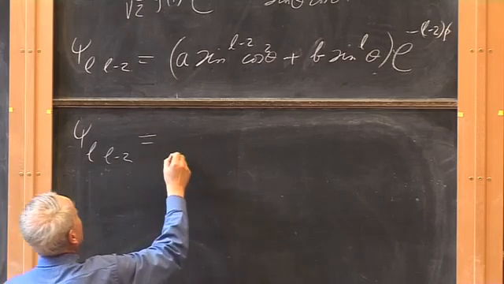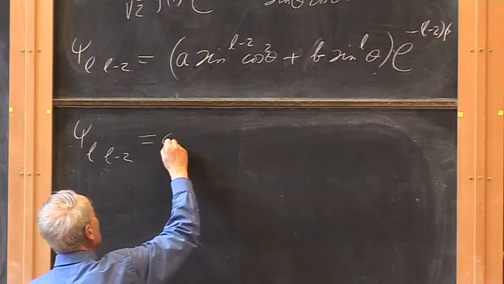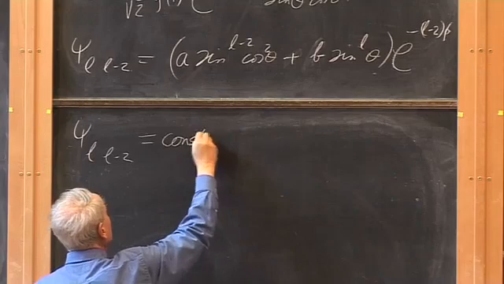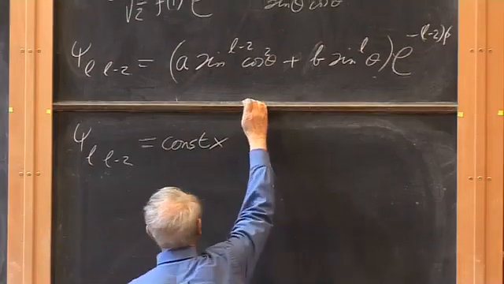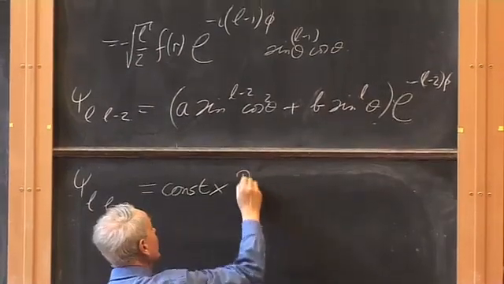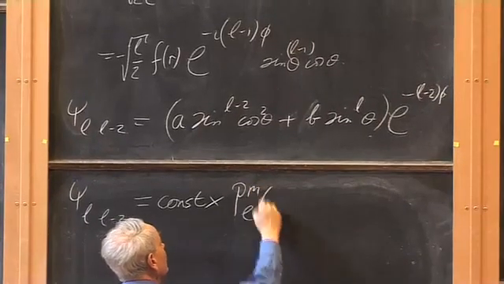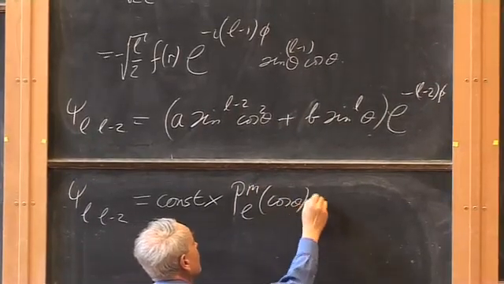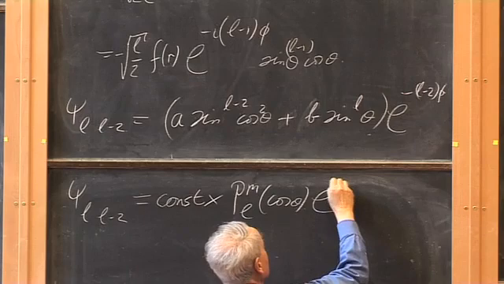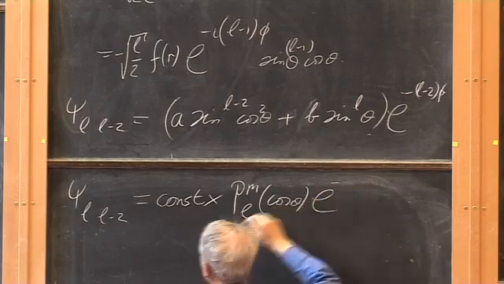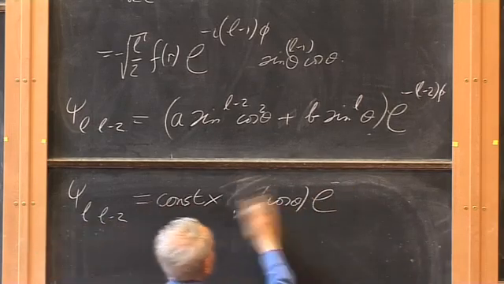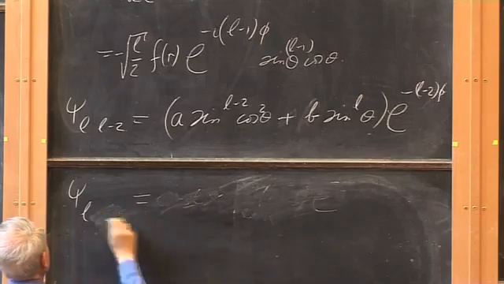It turns out that this is a normalizing constant times PLM of cos theta times e to the minus... make that LM.